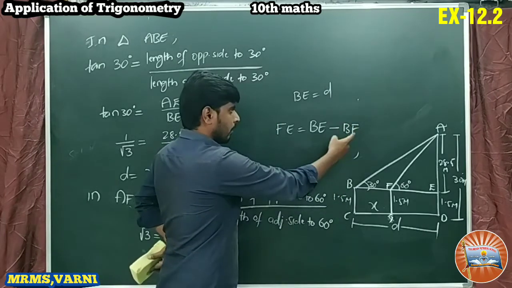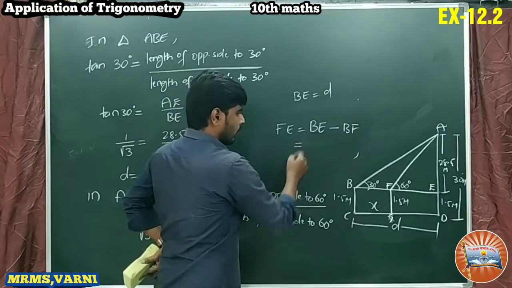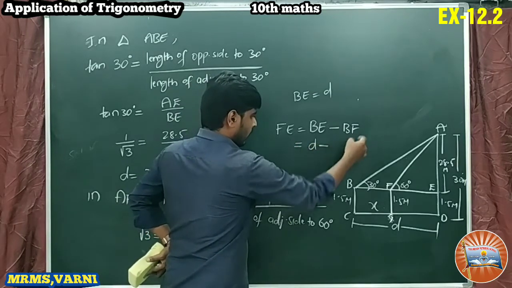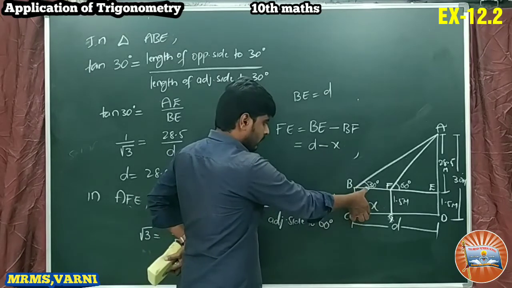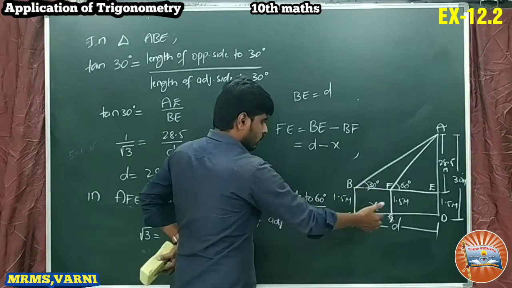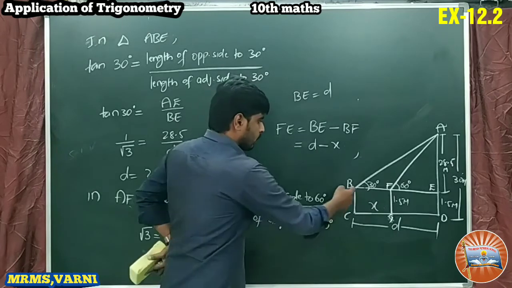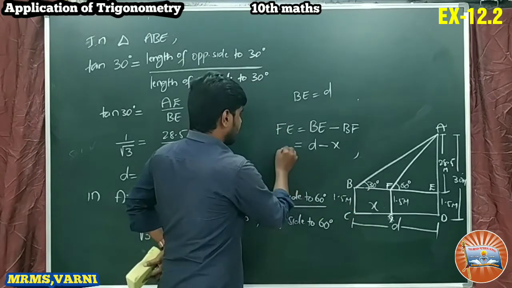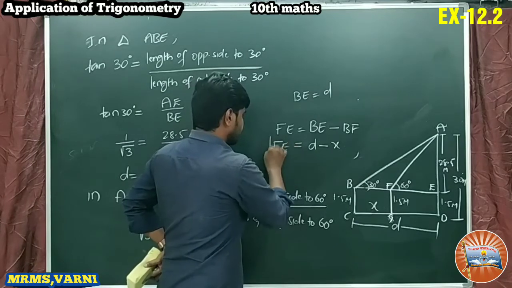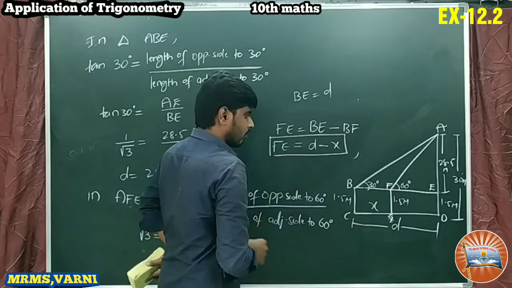BE value D and BF value we have X here. These two have the same length. BF is equal to CG. So FE value is D minus X from the figure.